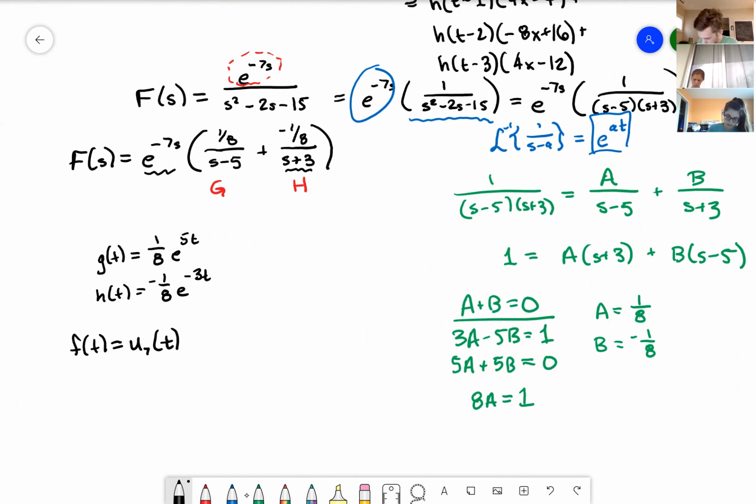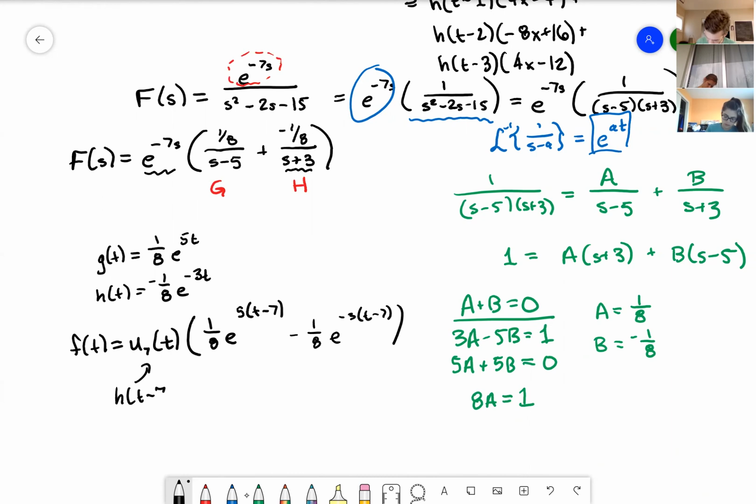And then we want the g and h to be shifted forward by 7. So this will be 1/8 e to the 5 times t minus 7 minus 1/8 e to the negative 3 times t minus 7. Hopefully that's right. And of course, we can write this as h of t minus 7.